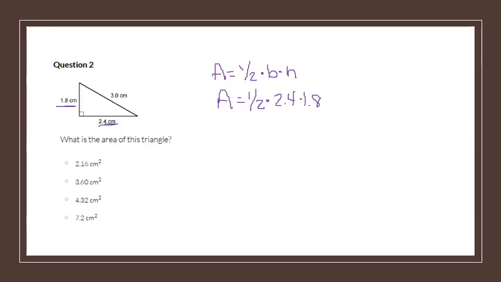So I'm going to use my calculator again and multiply 1/2 times 2.4 times 1.8. And I do get that the area of this triangle is 2.16 centimeters squared.